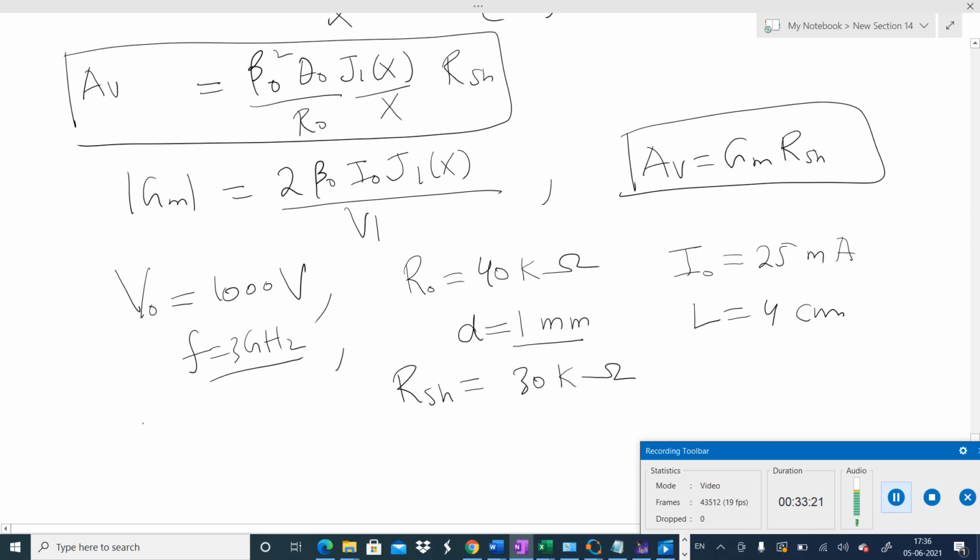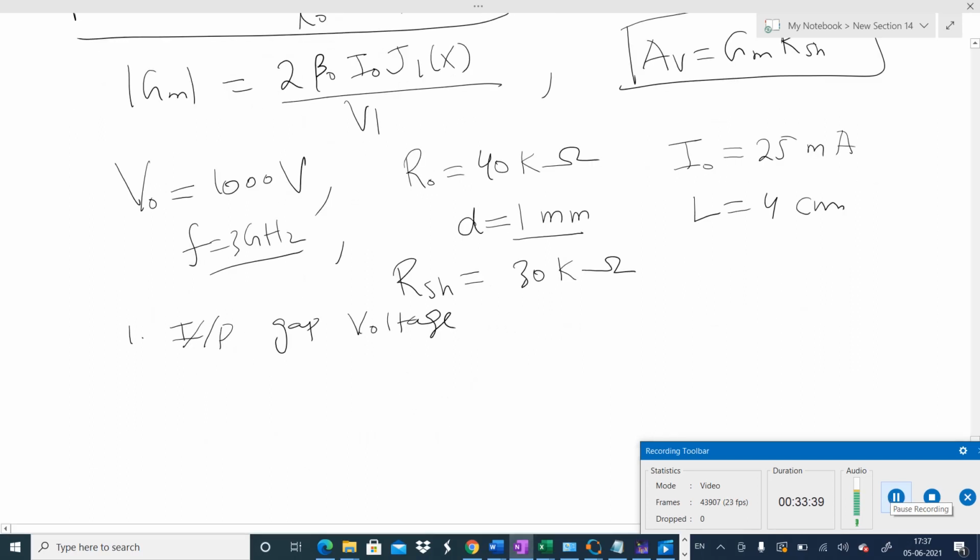Okay, so let's say that we want to find the input gap voltage that will give maximum voltage at output. Recall that the input voltage is given by 2V naught divided by beta naught theta naught of X. Now we want to find this input such that the voltage V2 is maximum.